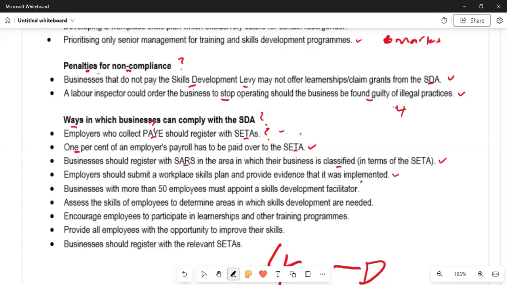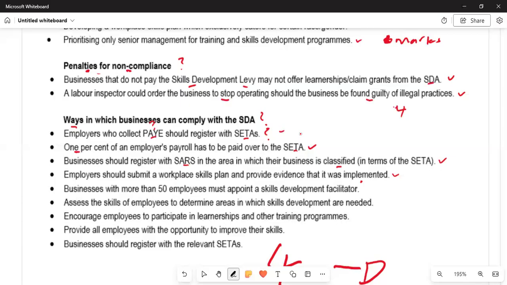They want to know that the skills you are going to provide will respond positively to employees' needs. So that evidence is very important. Before you can get the grant from the SETA, you need to submit the workplace skills plan, which is going to be approved by the SETA. They are going to make sure that this is really what you are going to give to the employees.